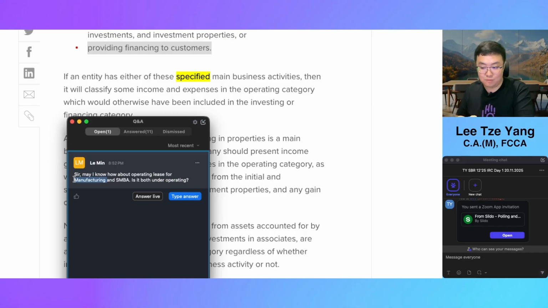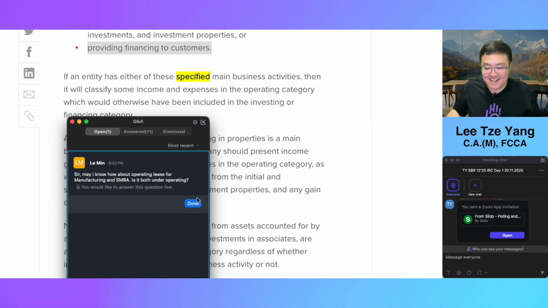That one is investing because the investment property is under investing, right? But if your company SMBA is to do operating lease, then operating. Like if your company is a leasing company, then operating. It really depends. You need to see SMBA, and also see whether it is investing or what.